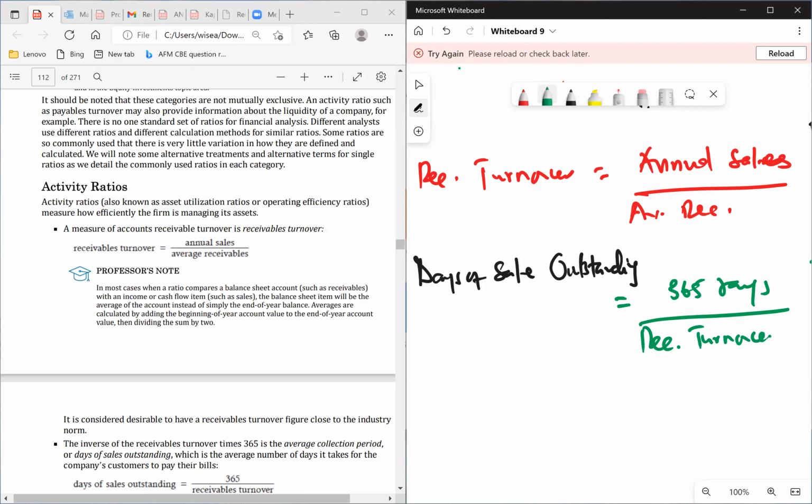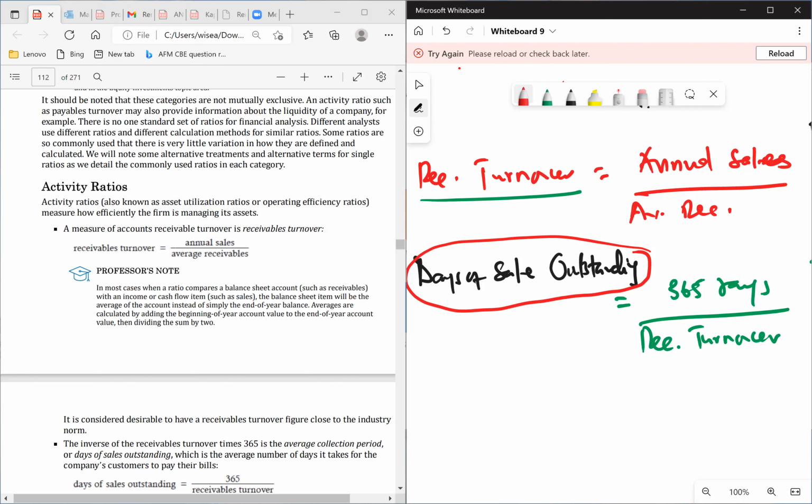So you need to know whether you are calculating receivable turnover or days of sales outstanding. Days of sales outstanding tells how many days it takes for us to collect cash from the sales we have made. And the lower the days, the better. It shows that a company is efficient.